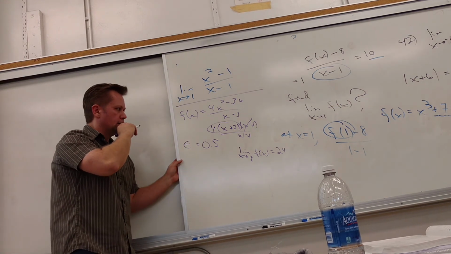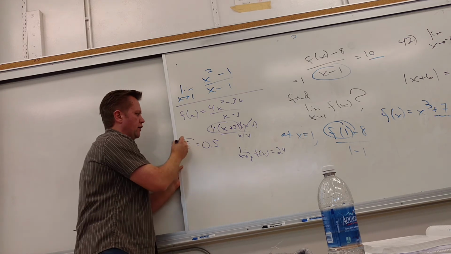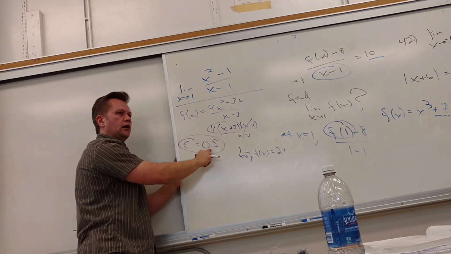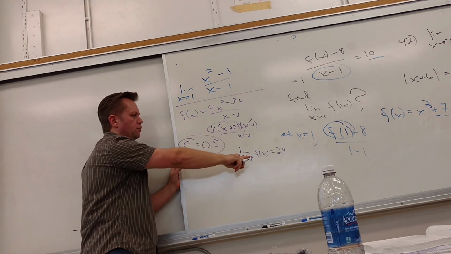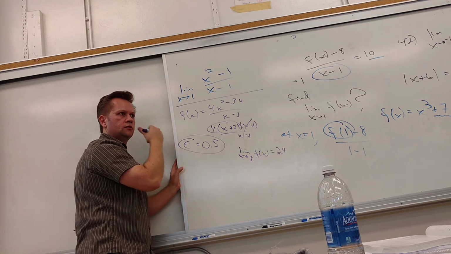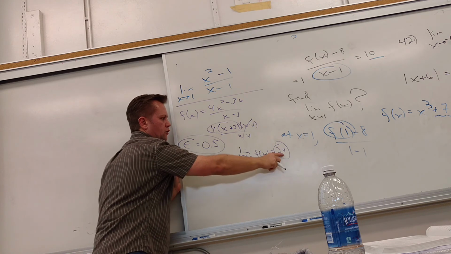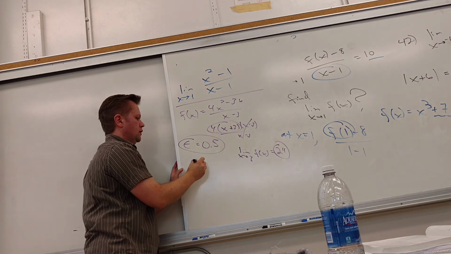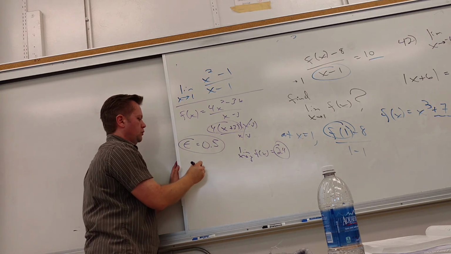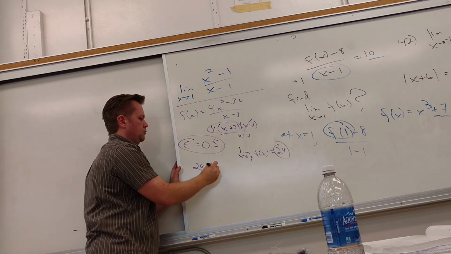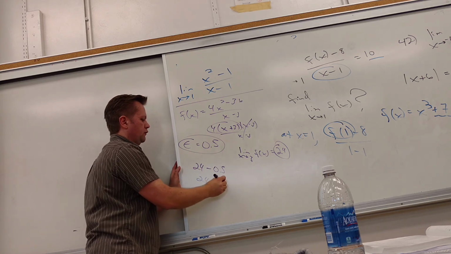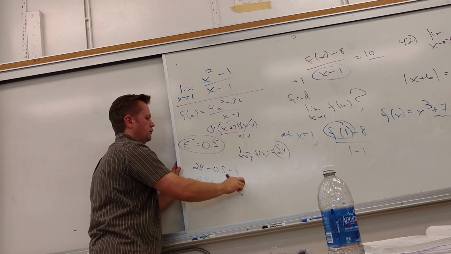Okay, so here's how this works. If they tell me they want me to be that close, I've already plotted f of x, right? So if I do 24 minus 0.5 and 24 plus 0.5, I get 23.5 and 24.5.